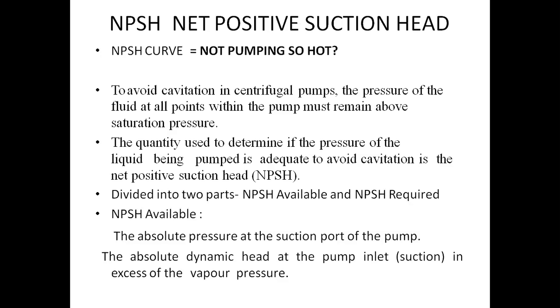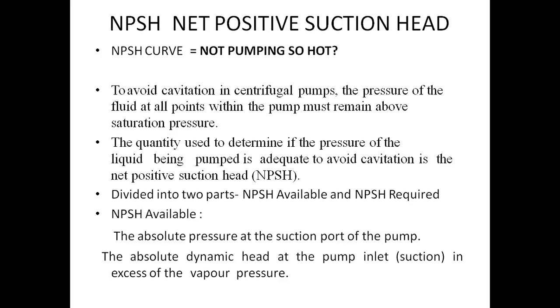To avoid cavitation in a centrifugal pump, the pressure of the fluid at all points within the pump must remain above saturation pressure. The quantity used to determine if the pressure of the liquid being pumped is adequate to avoid cavitation is the net positive suction head.